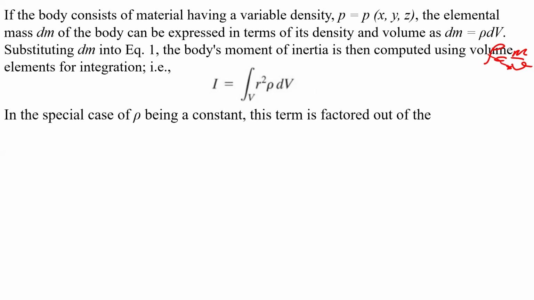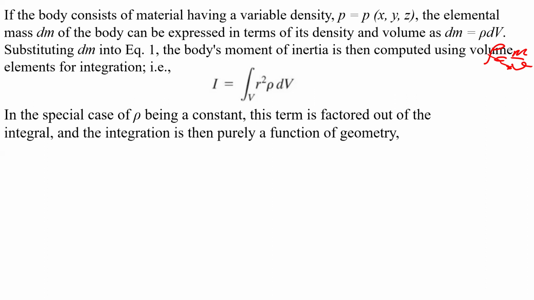In the special case of rho being constant, rho can be taken out. The integration is then purely a function of the geometry of the body. So I will be equal to rho times the integral of r squared dV.